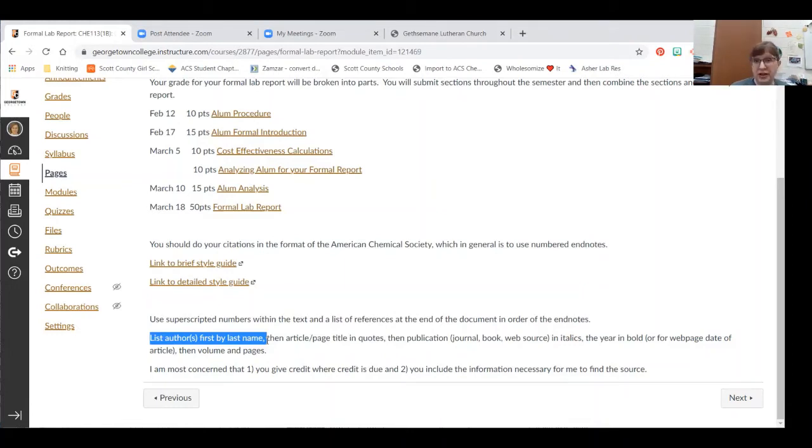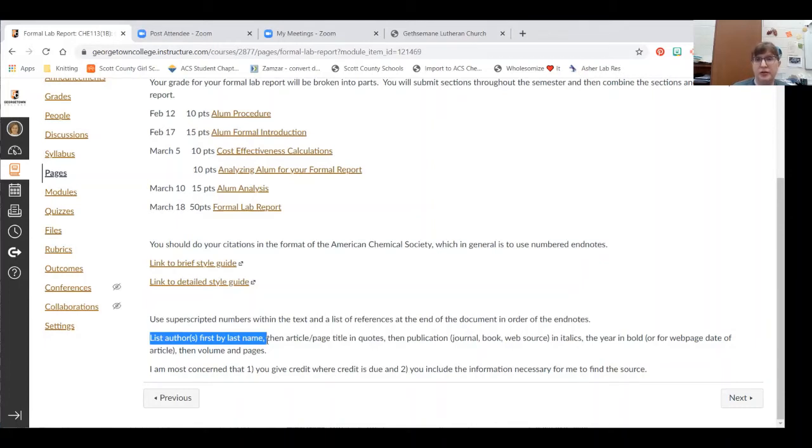And then you underline the main thing. If it's a journal, a book, or the general website, abcaluminum.com, that would be what is underlined. You put the year in bold. And then after that, usually things aren't updated more than on a yearly basis, but look on the page and see if you can find either when the article was published or if it was updated recently, and you can put that date as well.